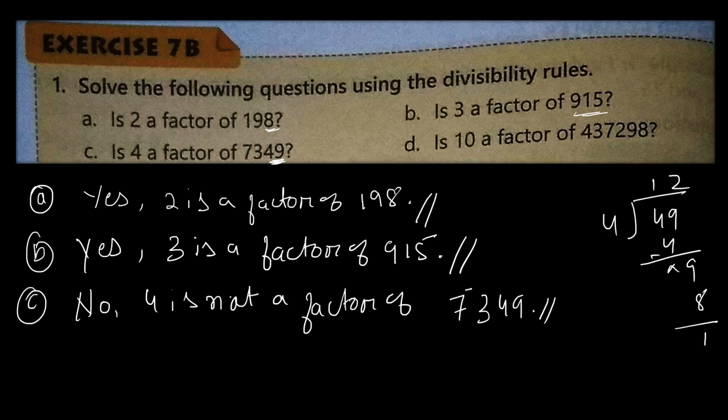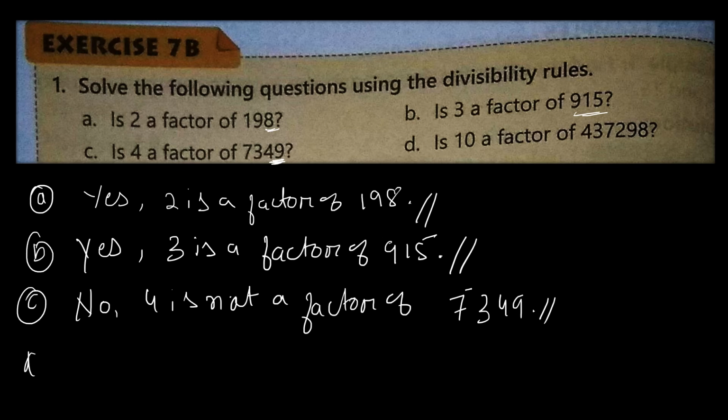Got it? Now the last one: is 10 a factor of 4,37,298? We all know that if the last digit is 0, then only that number is divisible by 10, otherwise not. So this number ends in 8, so it is not divisible by 10.